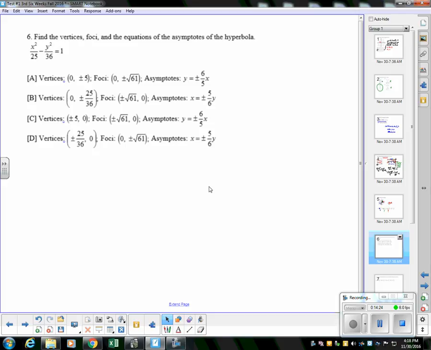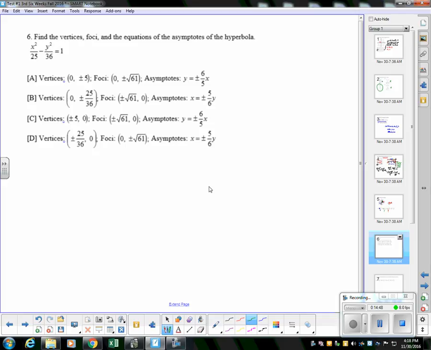The big difference in the hyperbola versus the ellipse is that the hyperbola has a minus sign between the two, and the ellipse has a plus. Also, the x and the y change in the hyperbola.